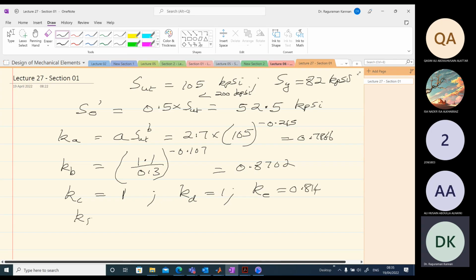Small kf, which is a Marin factor, again this is not equal to your capital Kf. Yes, the small kf value is taken to be 1.